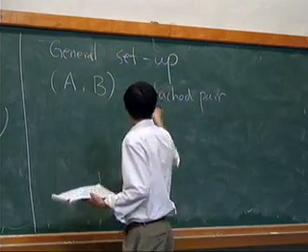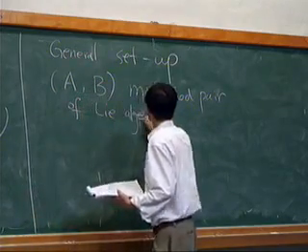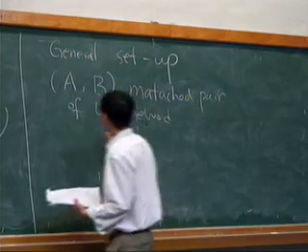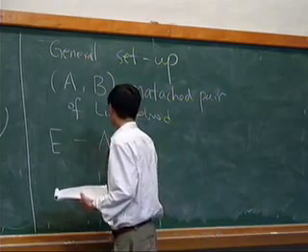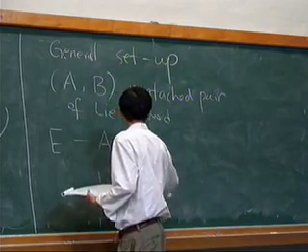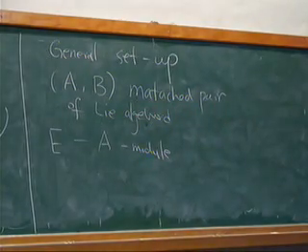So if A B is a matched pair of Lie algebras, and E is a vector bundle which is an A module, that's the general setup I would require.